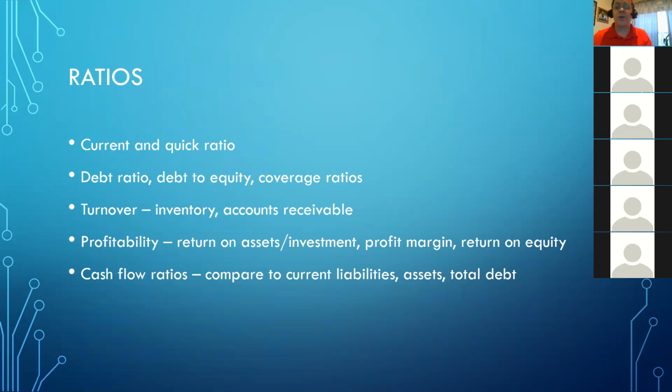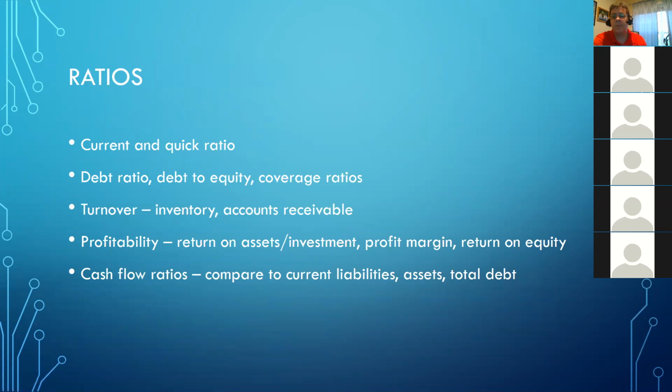And when we refer to quick assets, we're talking about cash, any kind of marketable securities or short-term investments, and accounts receivable of various types. It does not usually include inventory or prepaids or other.